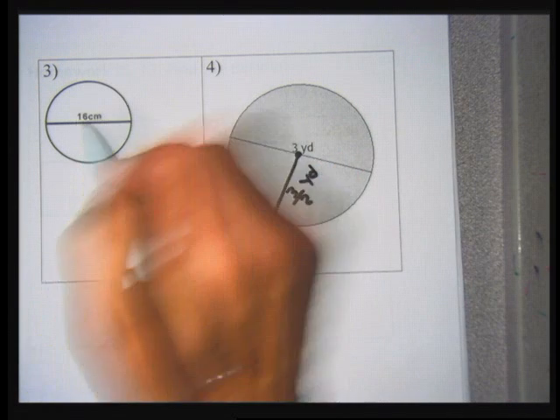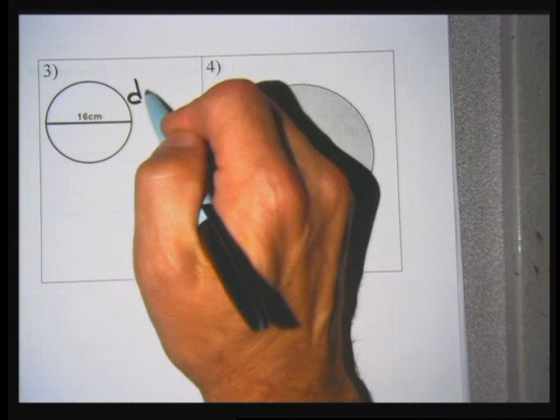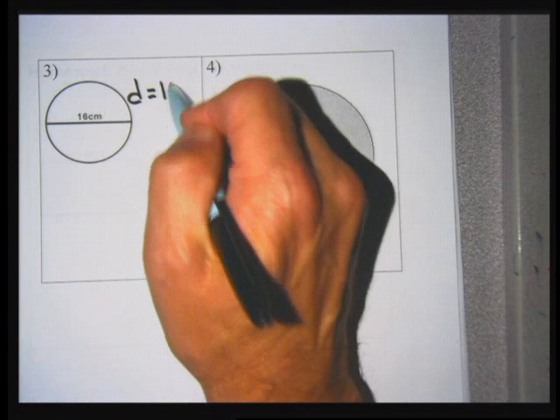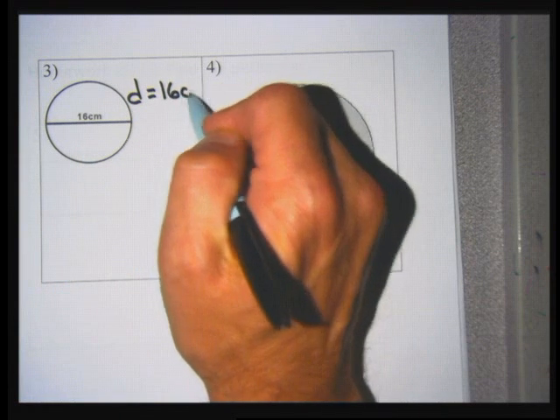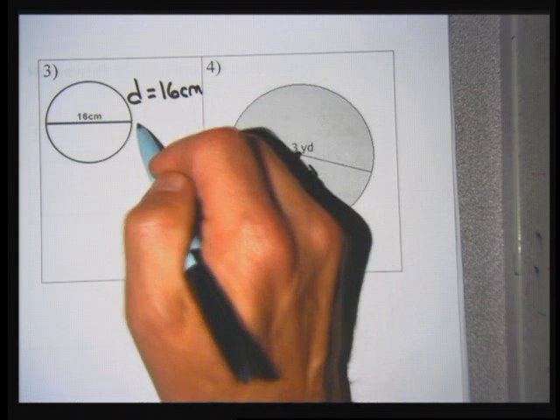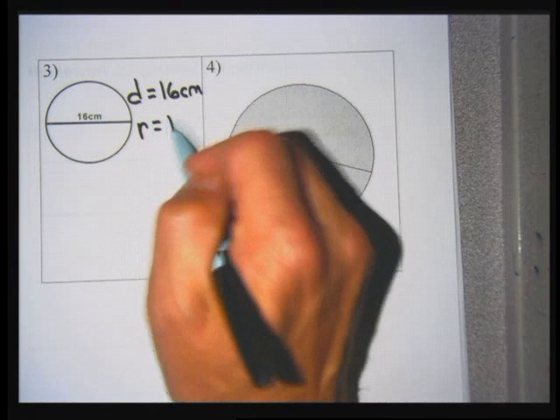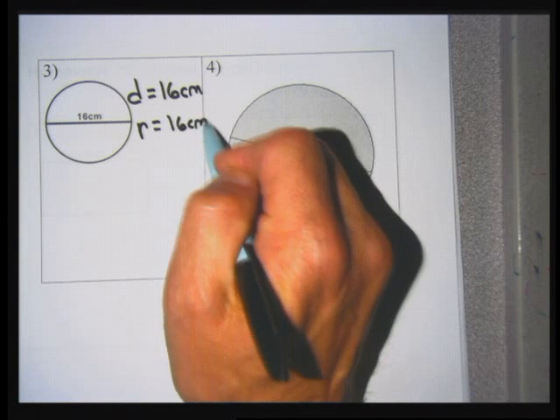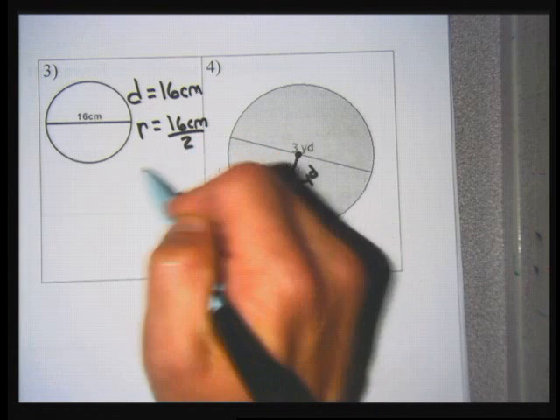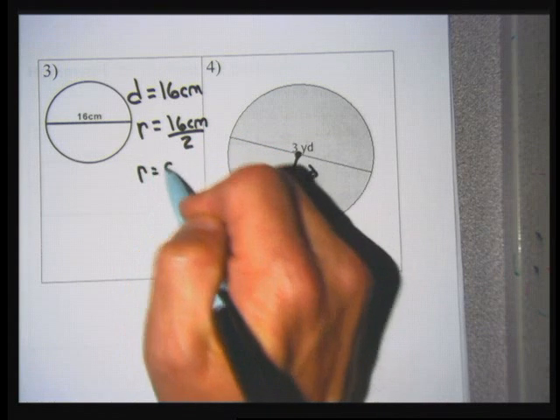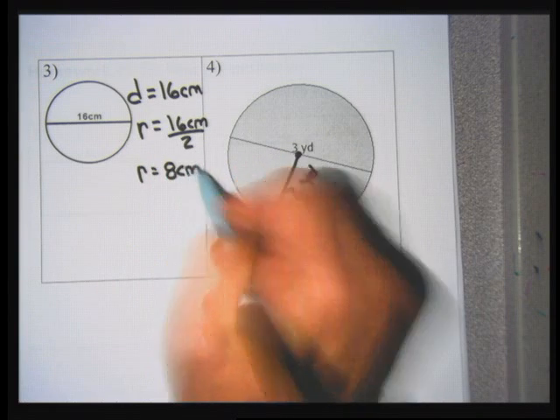And for your problem, you have the diameter, which I usually denote as D, is 16. A radius is always a diameter over 2. So if you take 16 centimeters and divide it by 2, your radius is going to be 8 centimeters.